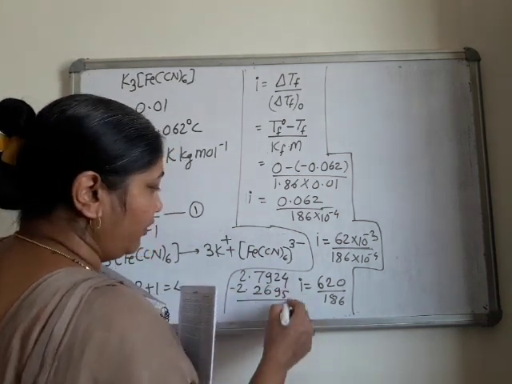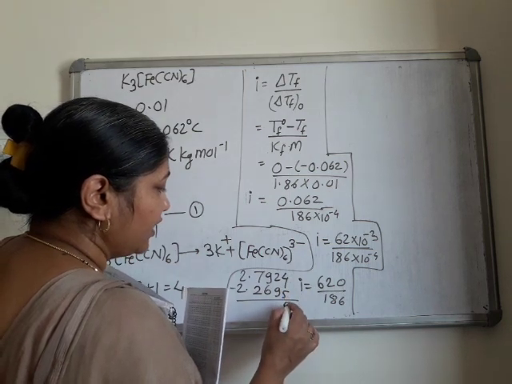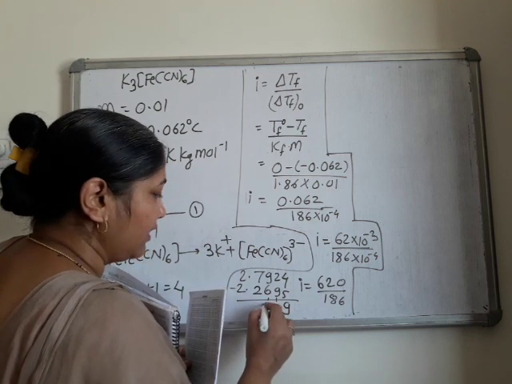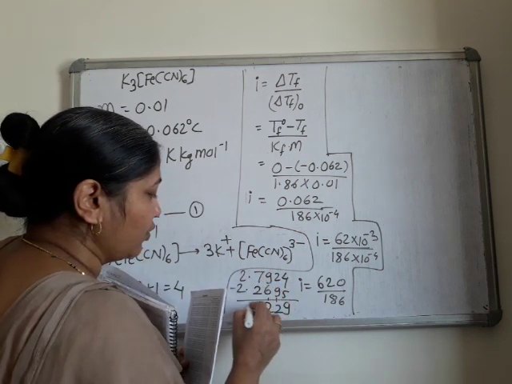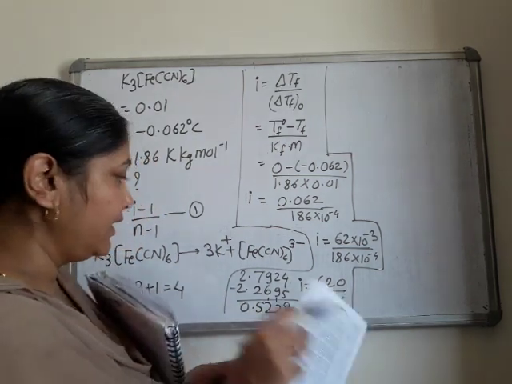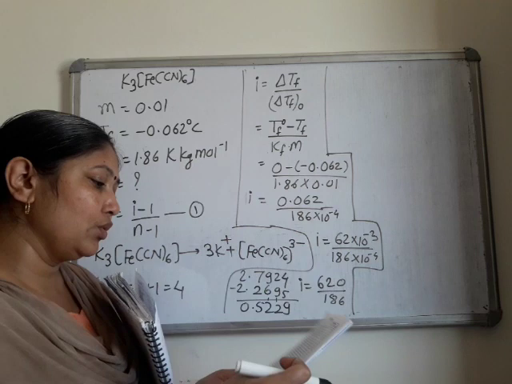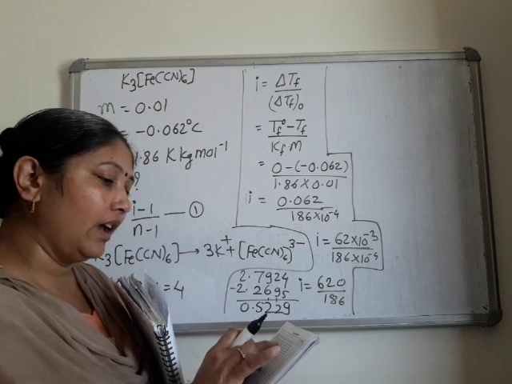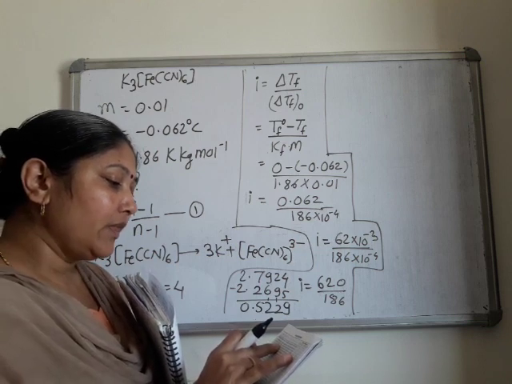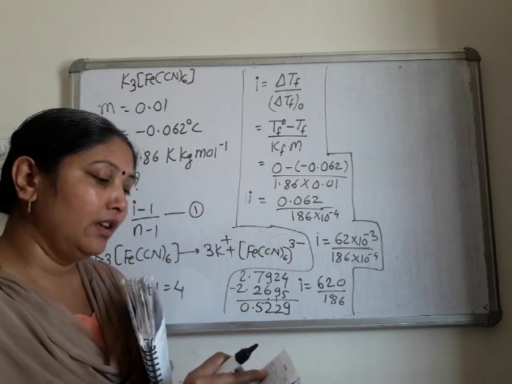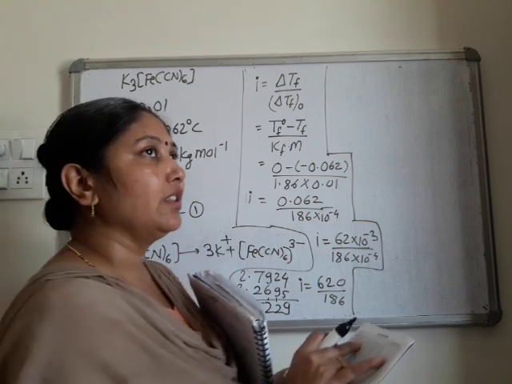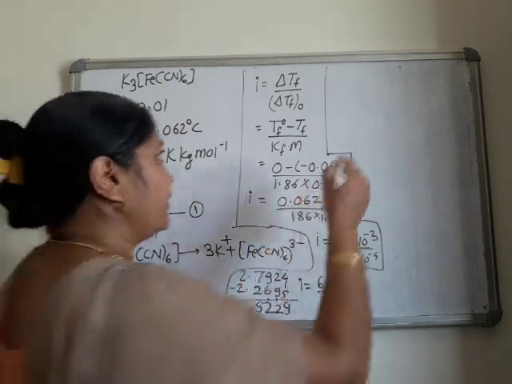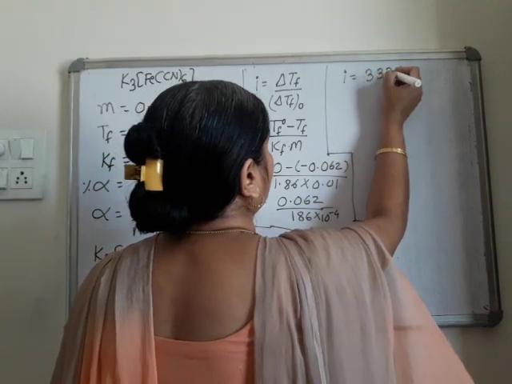Subtract, so what do we get? 0.5229. Now the antilog of 0.5229: 52 gives 3327, and 9 gives 7, so 3327 plus 7 is 3334.